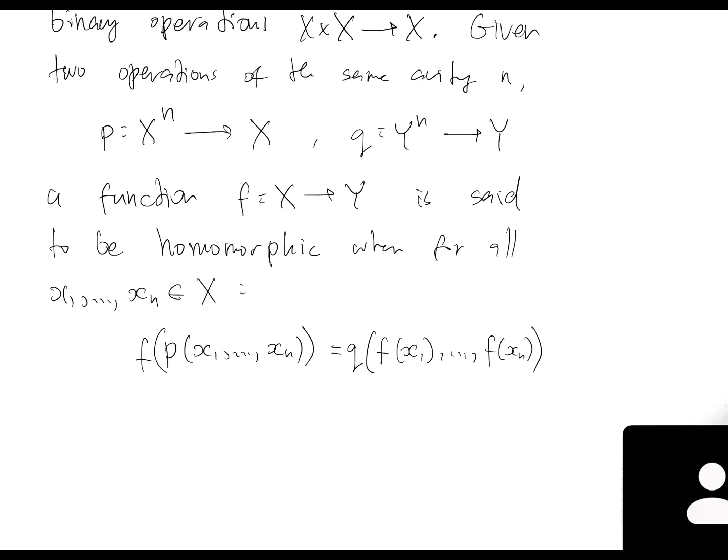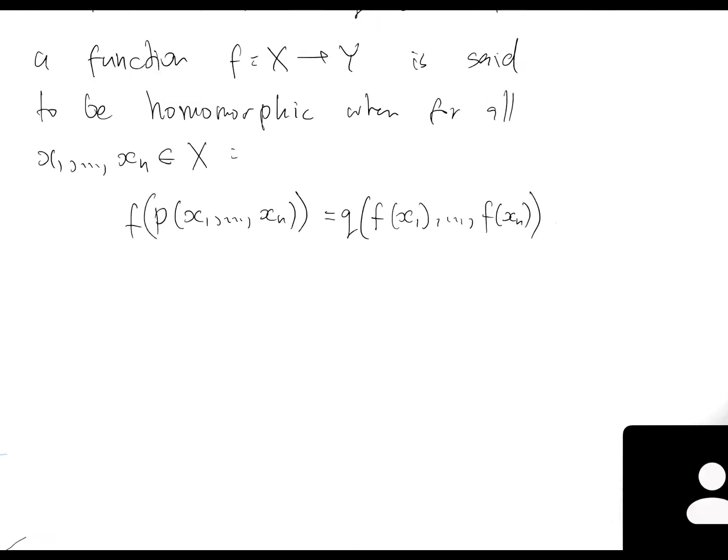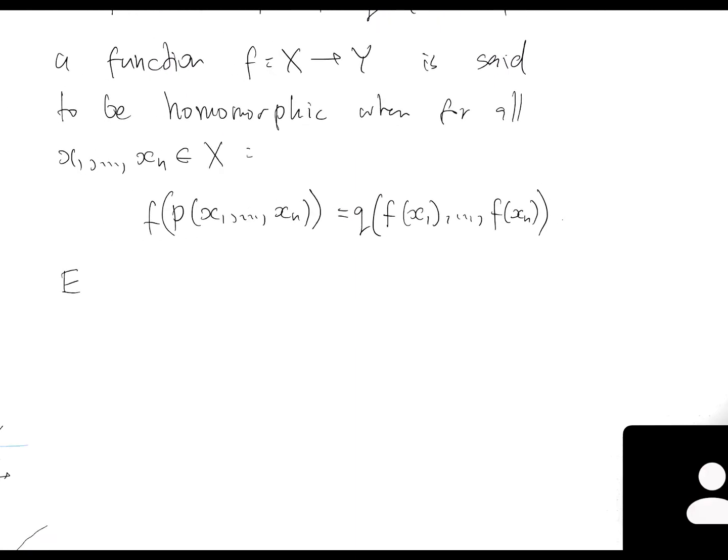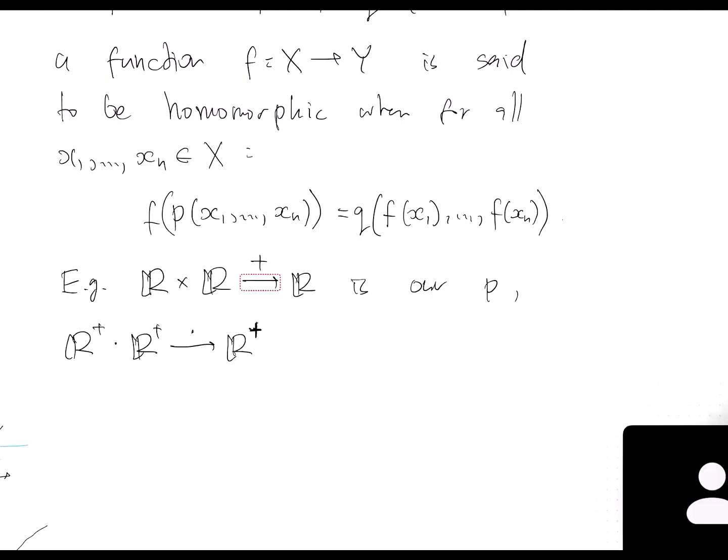So we can illustrate this on an example. Let's say our two operations are plus, so this is our P, and multiplication is going to be our Q. Now I'm only considering multiplication over non-negative reals.